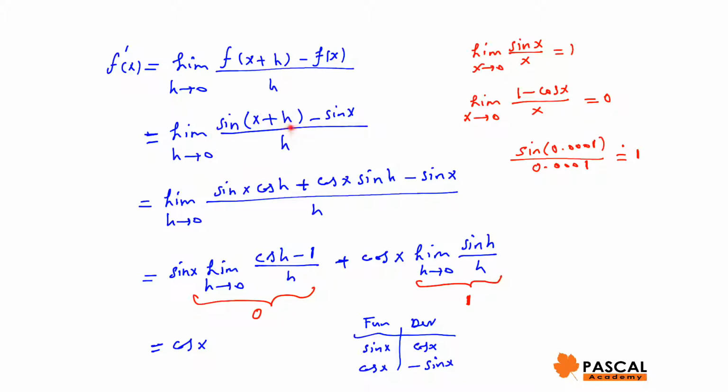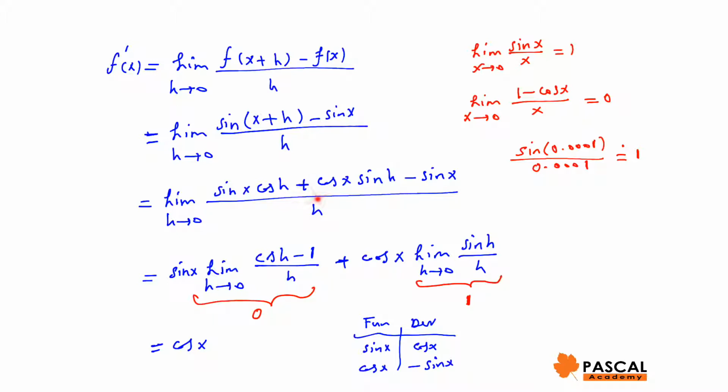If we expand sine of x plus h, we have sine of x cosine of h plus cosine of x sine of h. Therefore, the derivative would be the limit of sine of x cosine of h plus cosine of x sine of h minus sine of x over h as h approaches 0.